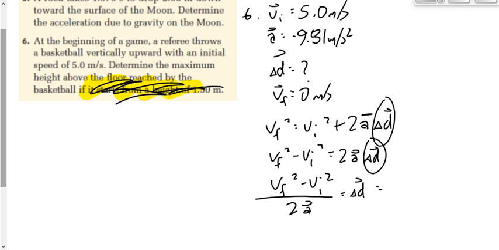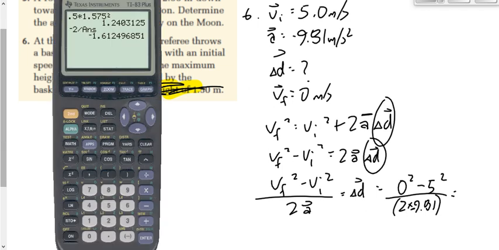VF is 0. 0 squared minus 5 squared over 2 times negative 9.81. Solve for the bottom first. 2 times negative 9.81 is negative 19.62.